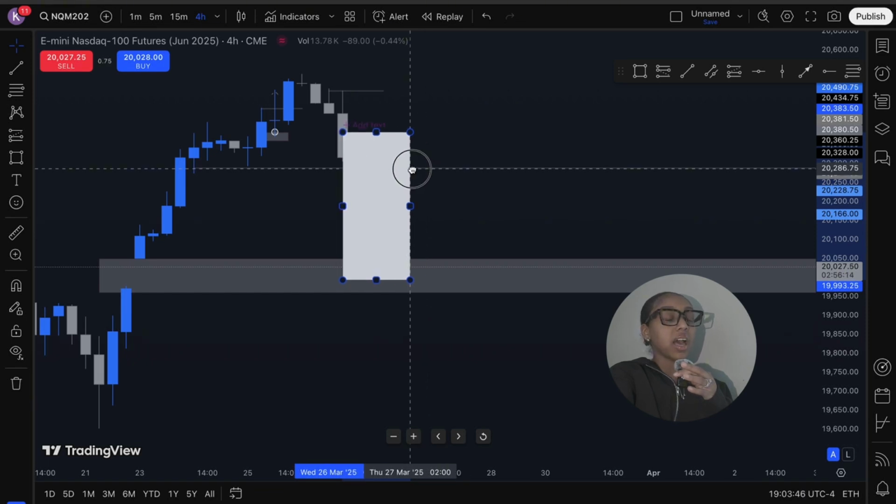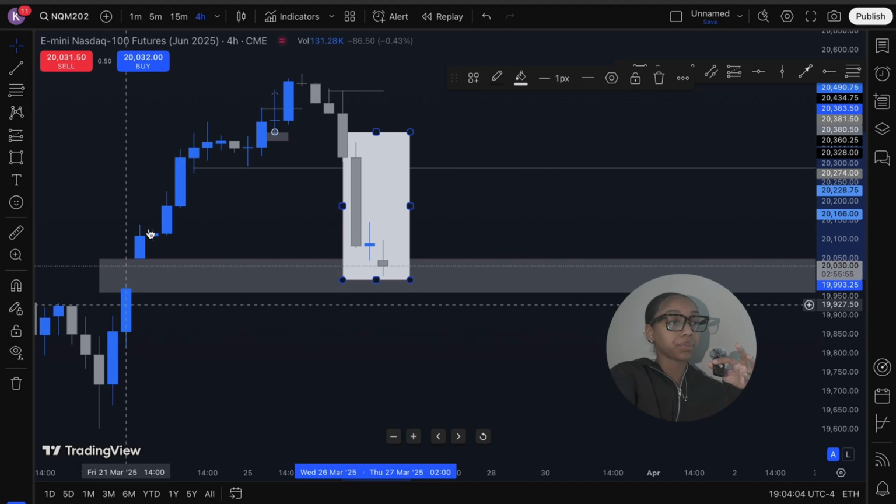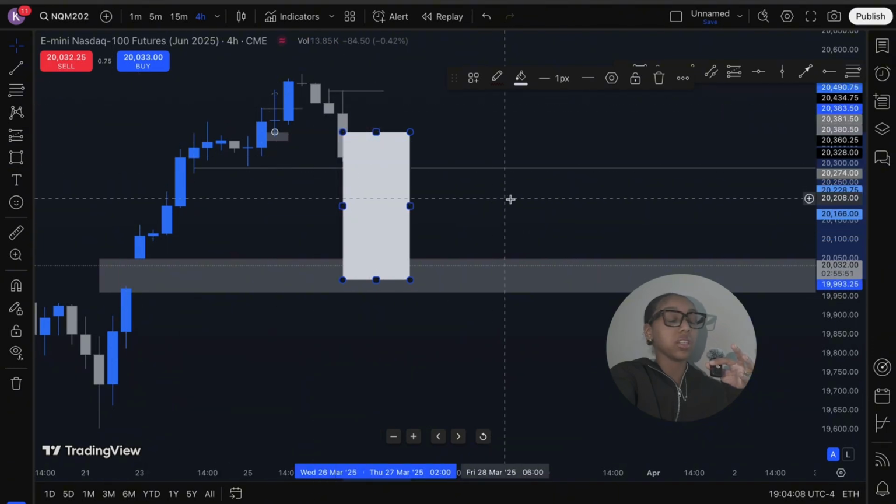So basically, I saw that we started to reject. We couldn't break higher, and we started to reject, creating a little resistance on the 4 hour. So I already had a bearish bias for the day, especially because there was this big gap over here. This big gap was created from this impulsive move to the upside.